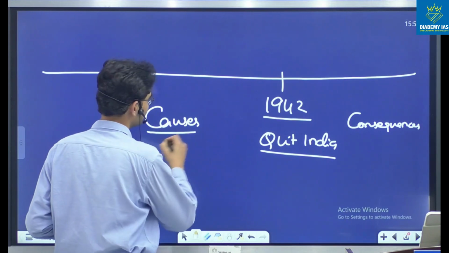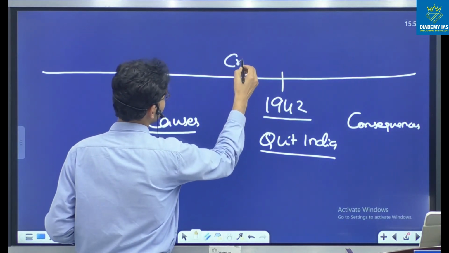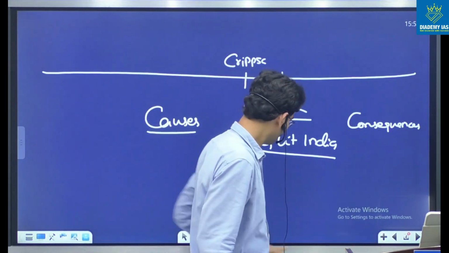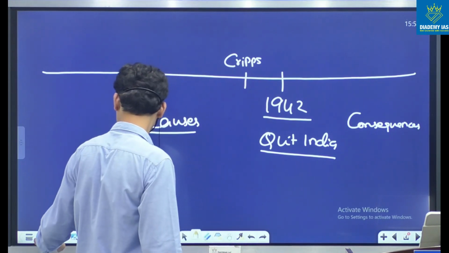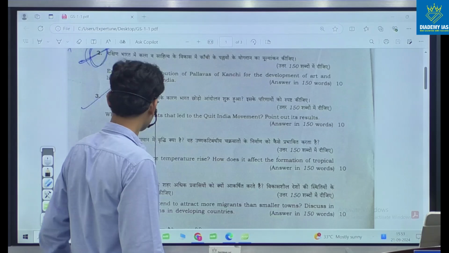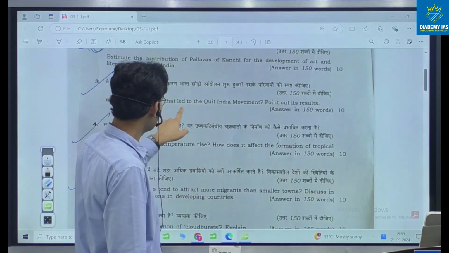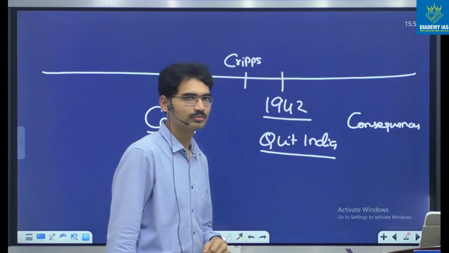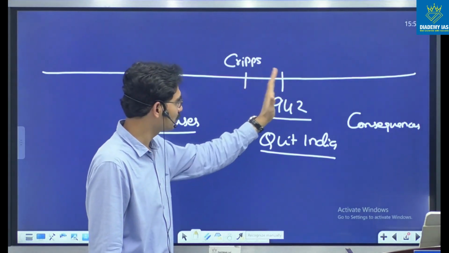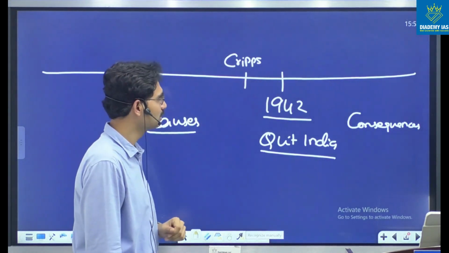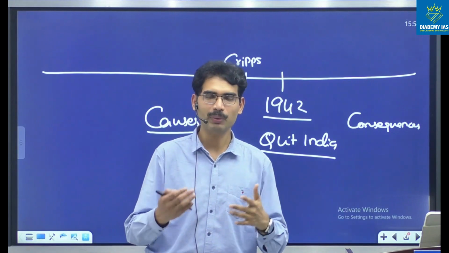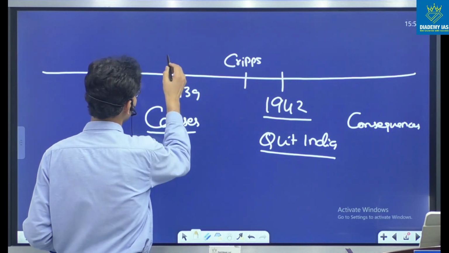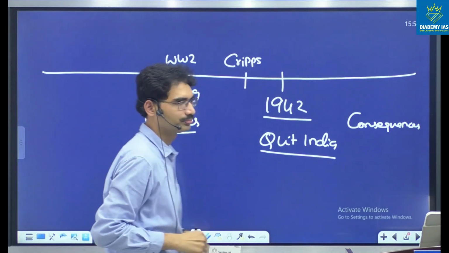Now when it comes to causes, here Cripps mission came. The question is, what were the events that led to the Quit India movement? Point out its results. Cripps mission. When Cripps mission came, what was the purpose of Cripps mission? Because in 1939, World War II started.